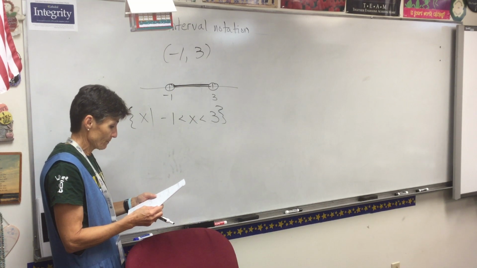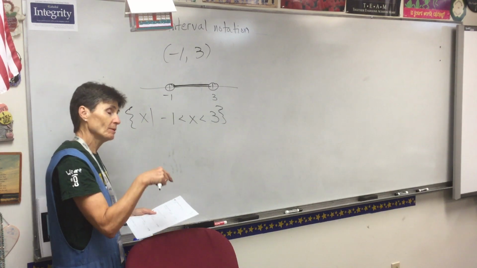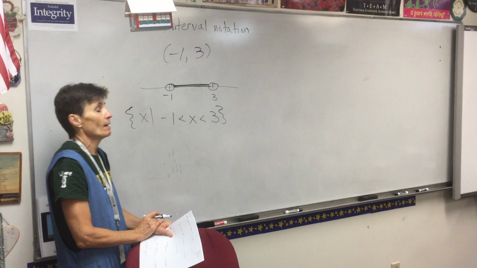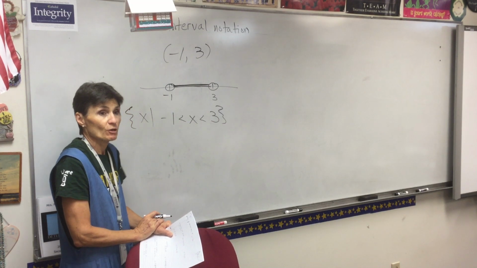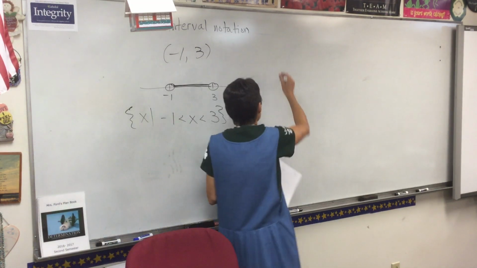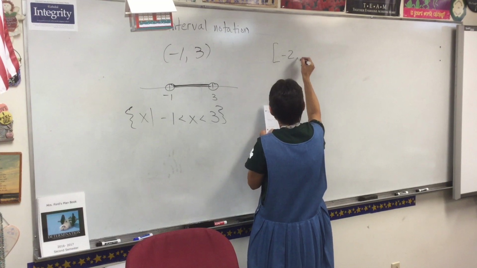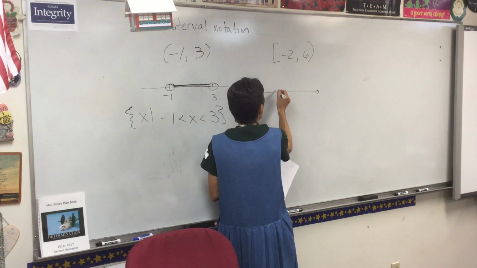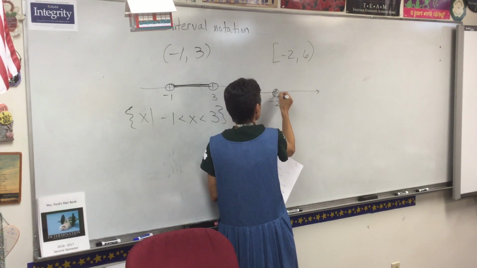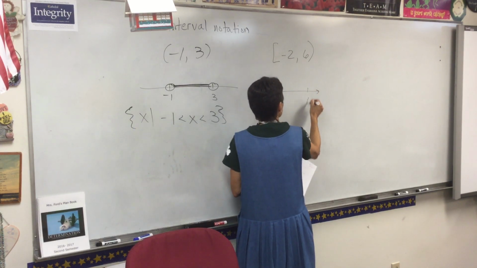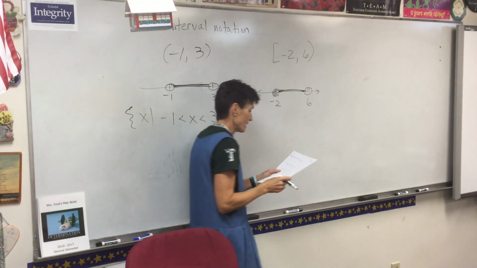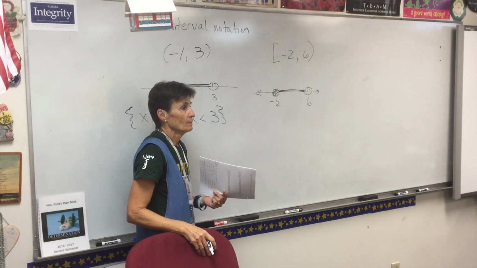Okay, good. Now, when you look at problem D, you'll see a little bit of difference. What's different about problem D? There's a bracket. Guess what the bracket means? Closed circle. So when you graph this one, you'll put a closed circle at -2, still an open one at 6, and you'll shade everything in between.